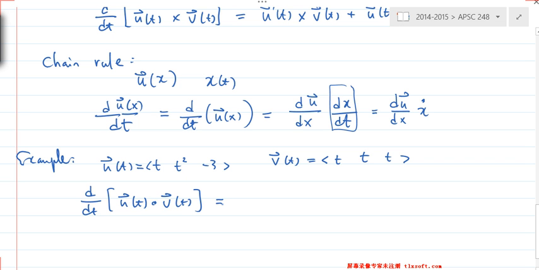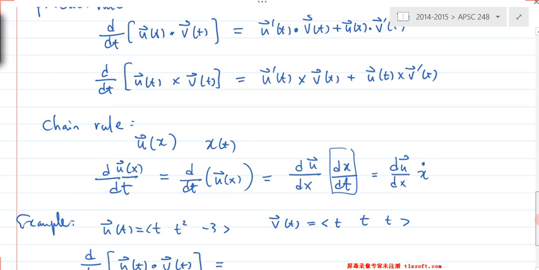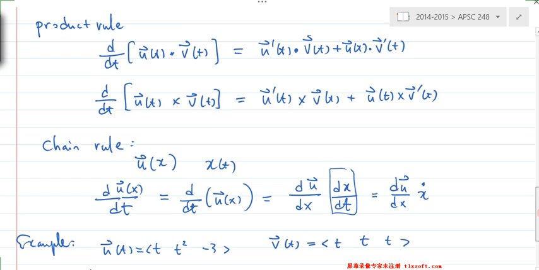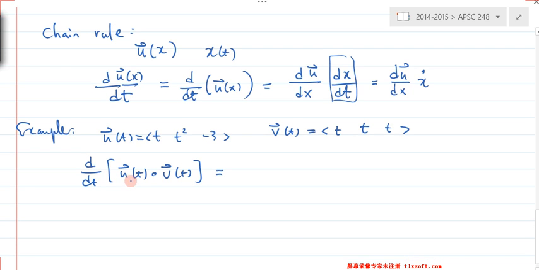So chain rule, a product rule, right? You can take the derivative of this first, dot that, plus this, dot the derivative of this one. As a matter of fact, you can also do it another way: do the dot product first and then the derivative, then you don't need the product rule anymore. But anyhow, try it out yourself either way, and you get this. It's pretty simple.